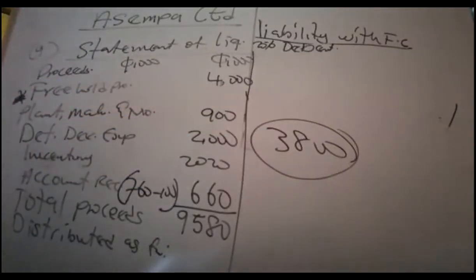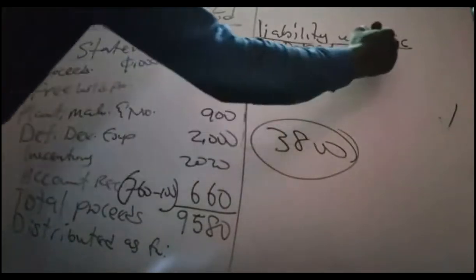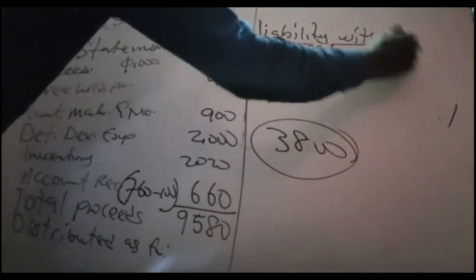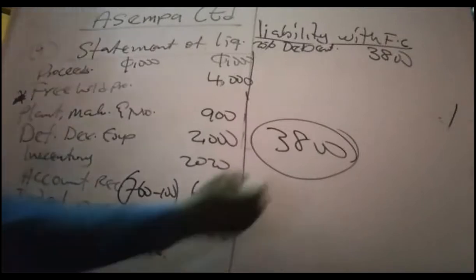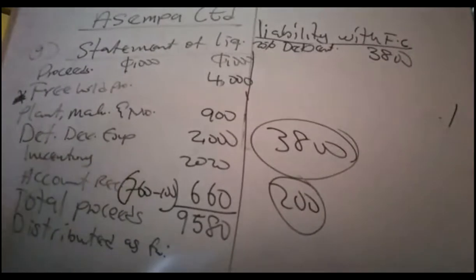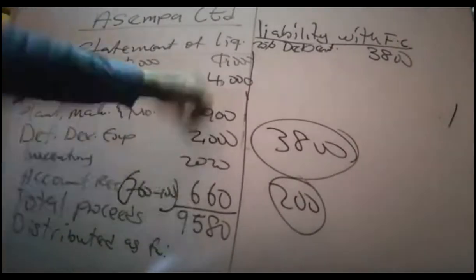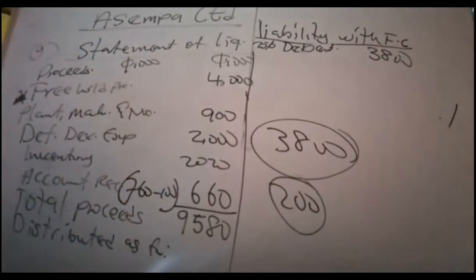So what do we do? You record the 3,800 here at the first column, 20% debentures, 3,800. Then the question is, where would the 200 go? Don't worry yourself. That 200 is in the remainder.